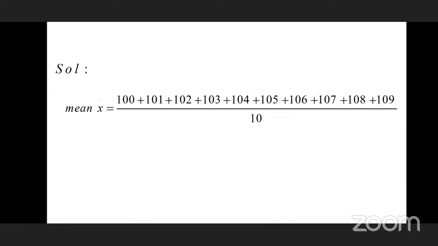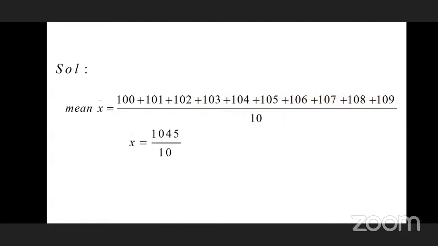X bar is equal to the sum of observations by the number of observations. The numbers are 100, 101, 102, 103, 104, 105, 106 up to 110, divided by 10, because there are 10 numbers: 1, 2, 3, 4, 5, 6, 7, 8, 9, 10.